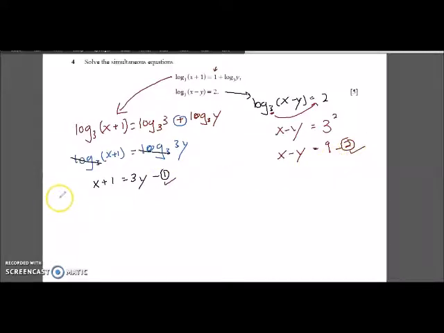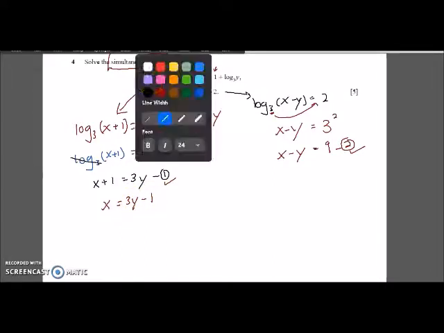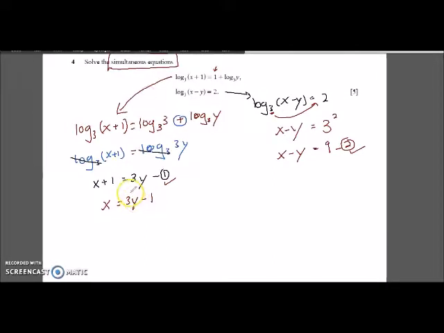Okay, so from this equation 1 and 2, now we can make a simultaneous equation. We can solve this. So we move the 1 to the opposite side. It becomes 3y minus 1. Then this we substitute inside this x.